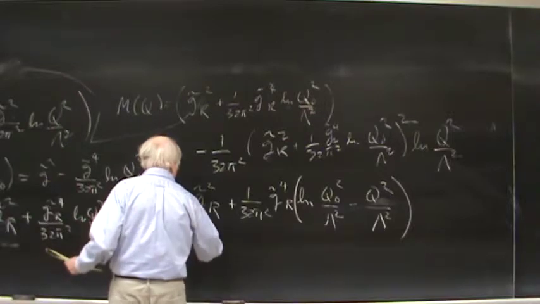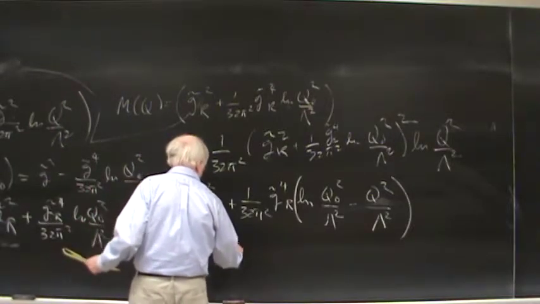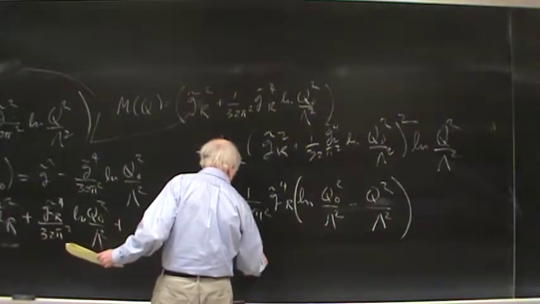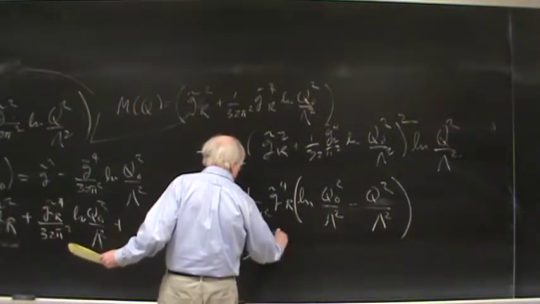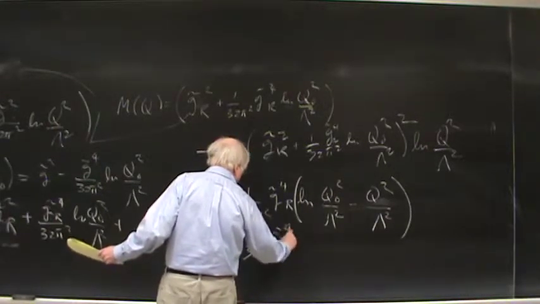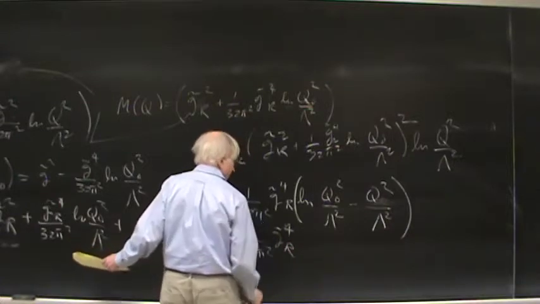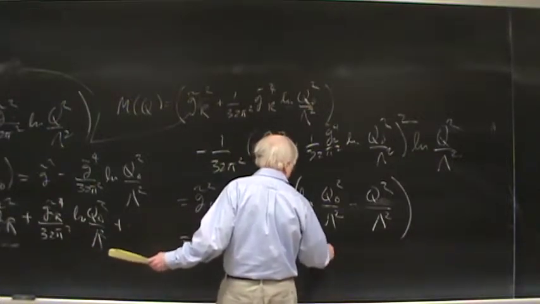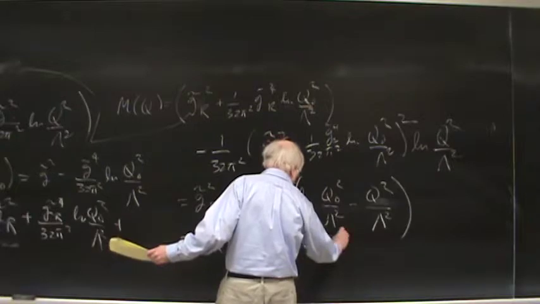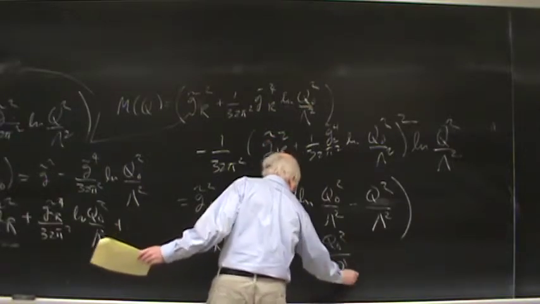And so this then is G tilde squared renormalized plus 1 over 32 pi squared G tilde to the fourth renormalized, and now it's log of Q0 squared over Q squared.